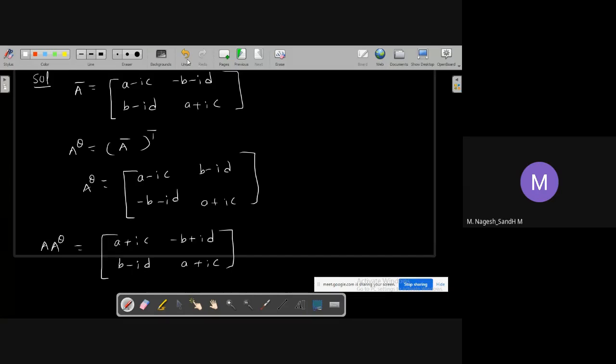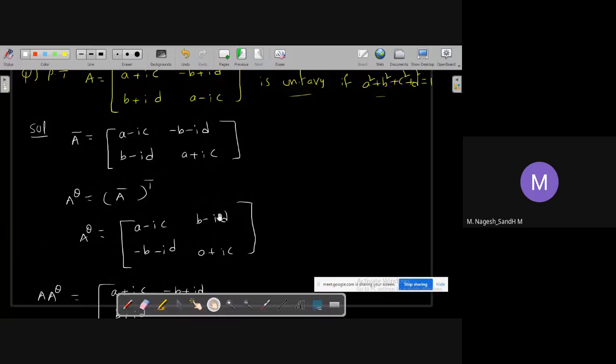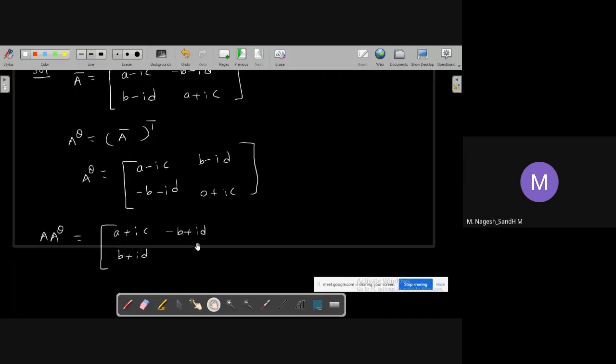You are not listening, wait a minute. Into A power theta: a minus ic, b minus id, next minus b minus id, a plus ic.